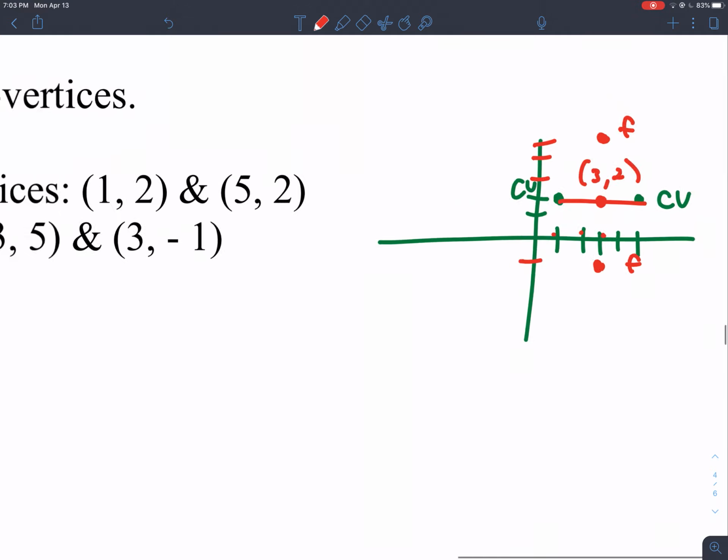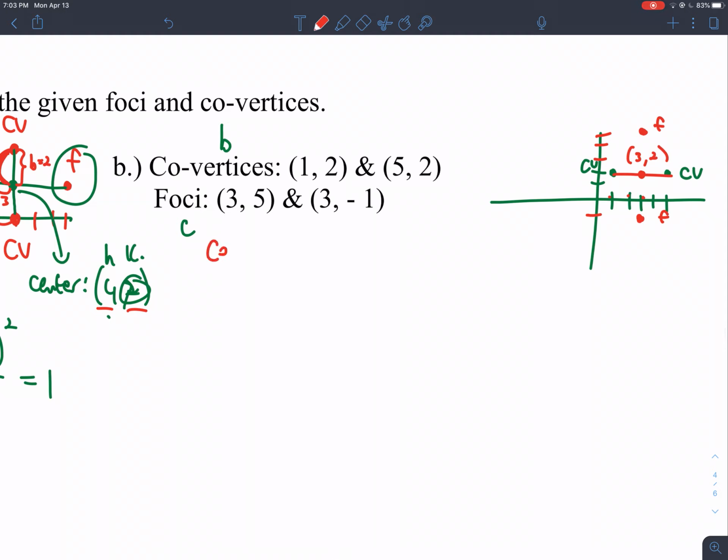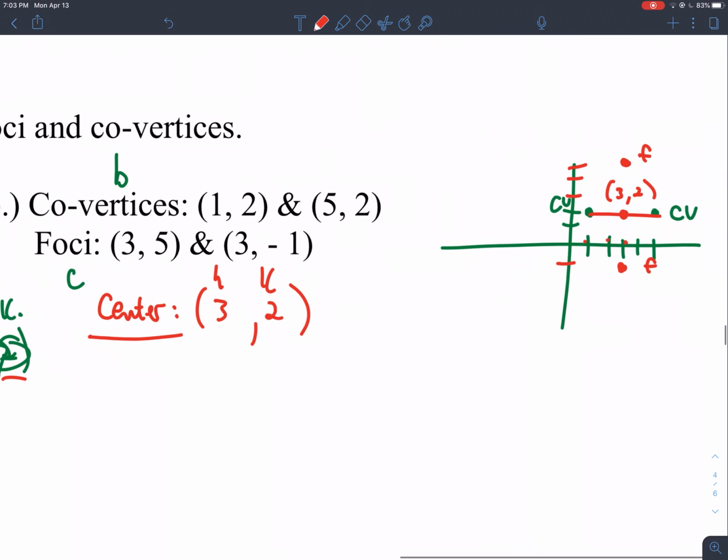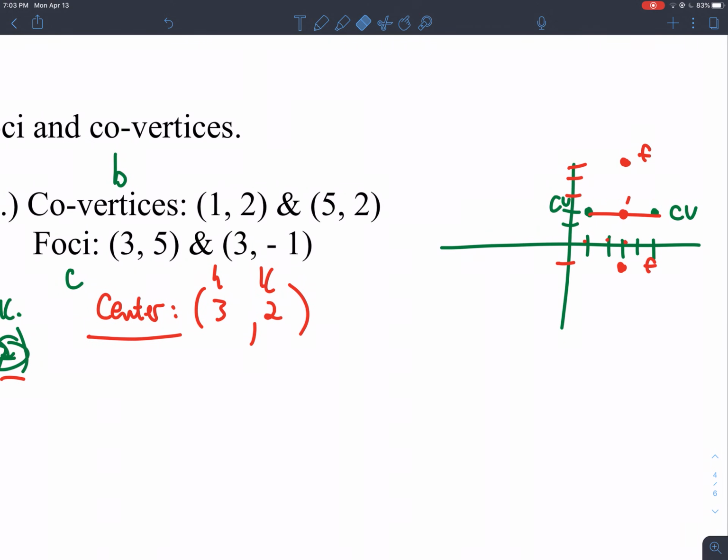Okay, so we already have the center. We can write that down. The center is at h, k, which is 3, 2. And then from that, I also have other things. If that's the center, which is the only place it could be, then I know that the distance from here to here is C.